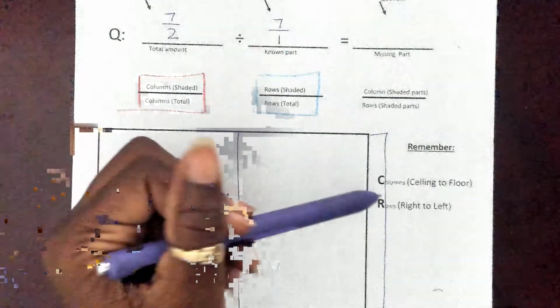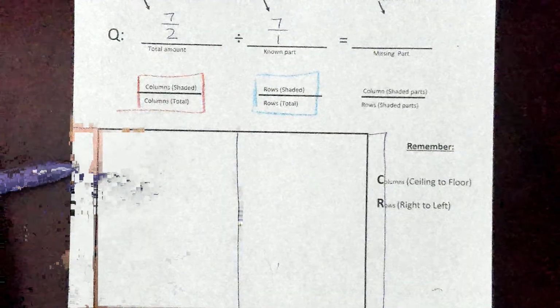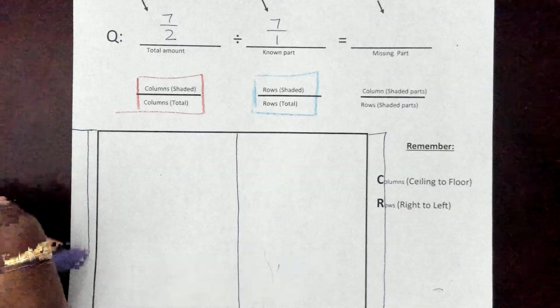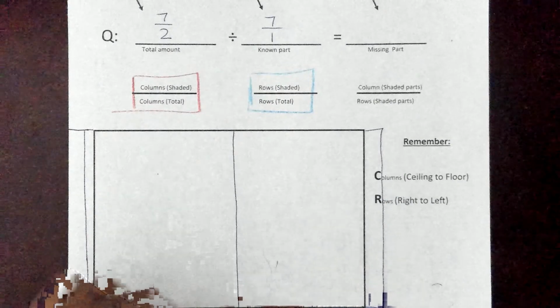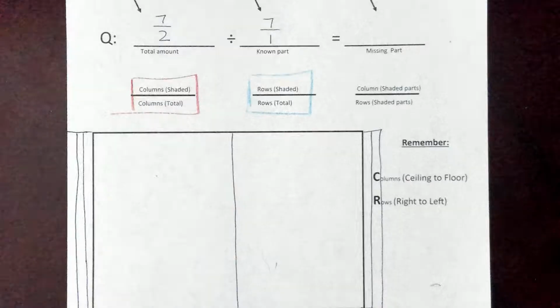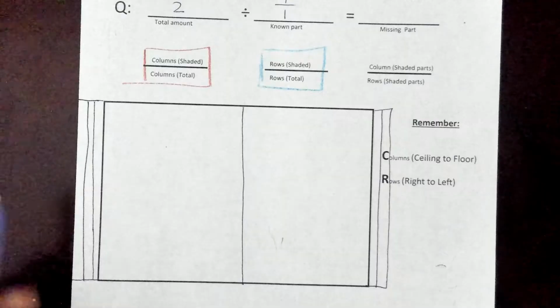So we have 1, 2, 3, 4, then 1, 2, 3, 4, this is 5, that's 6, and I'm going to try to squeeze one more over here. So hopefully we should have 7 columns now. It's 1, 2, 3, 4, 5, 6, 7. Yes, we have a total of 7 columns.